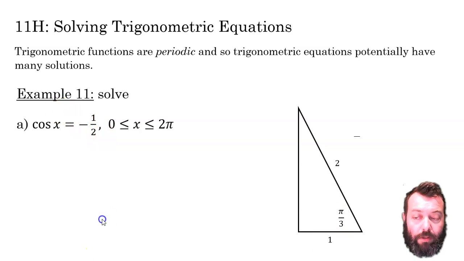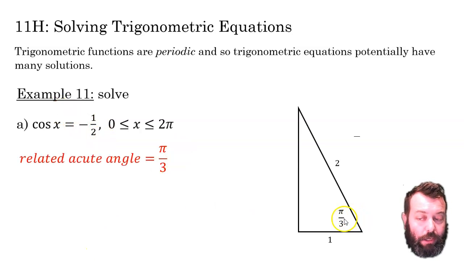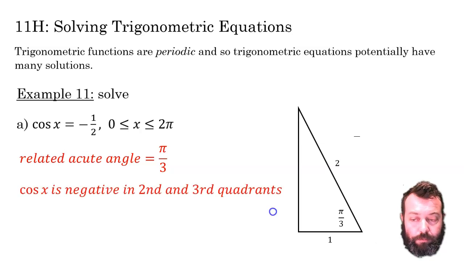So I have a related acute angle of pi on 3, and I'm looking for solutions between 0 and 2 pi that are in the second and third quadrants.